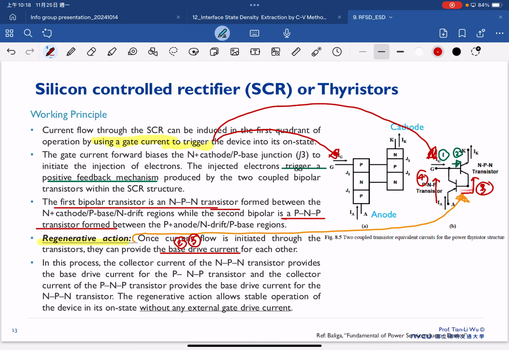And you can see this is a closed loop, and the transistor can operate itself without any further bias because they can sustain by their base driving current. So in this process, the collector current of NPN provides the base driving current for PNP.